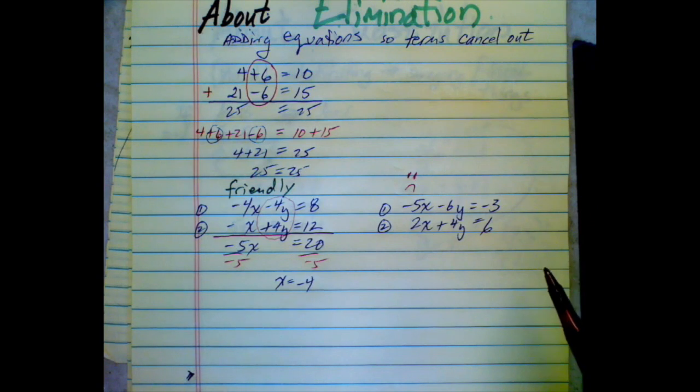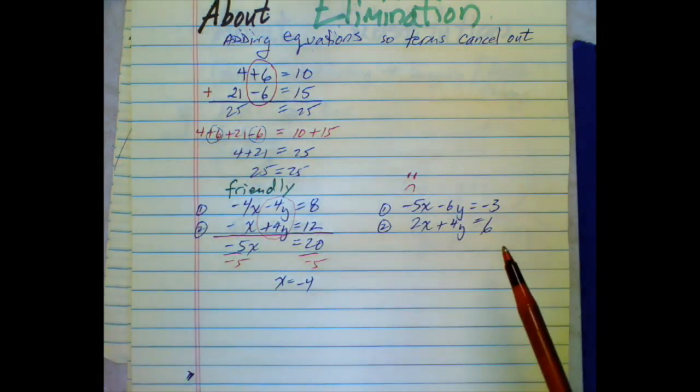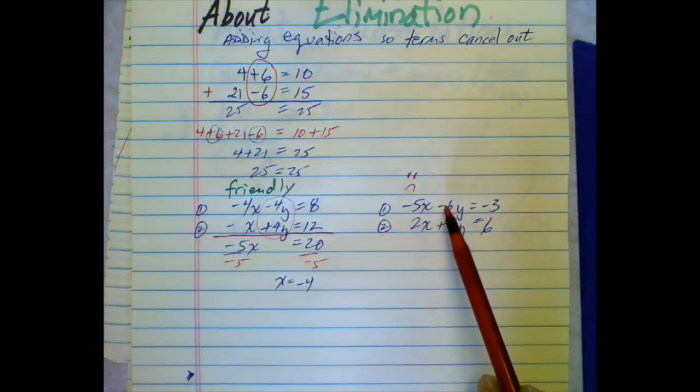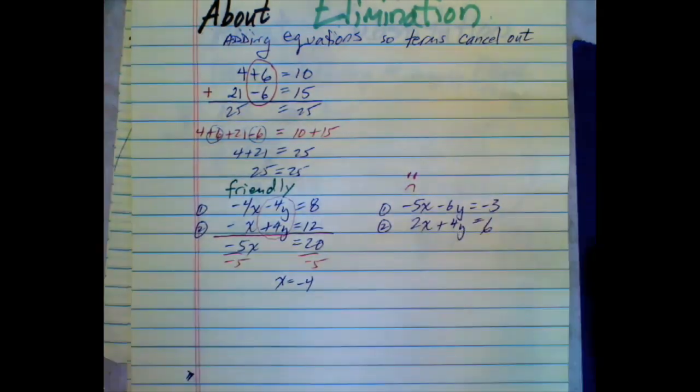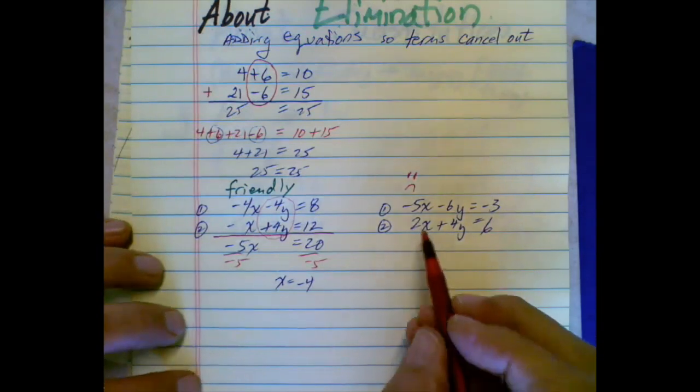In this case, it looks like I'm going to have to change both. Sometimes it just depends on the terms you have, and you get to decide which term you want to go away. So for example, I think I'm going to get rid of the x's.